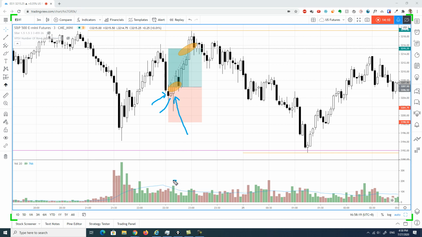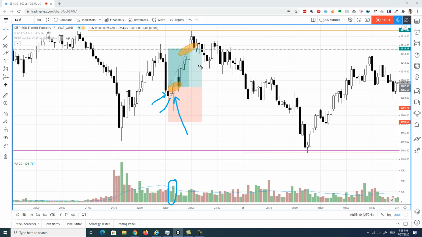One thing to note is that this kind of hammer bar with a spike of volume is pretty significant as well. It just confirmed that the demand was in, and it also showed up in the result. Look at the close; it's on the high side of the range.